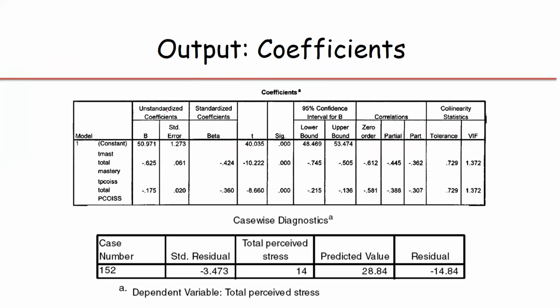Another important table is the table of coefficients. These are the values of the coefficients. As I told you, the multiple regression has parameters.